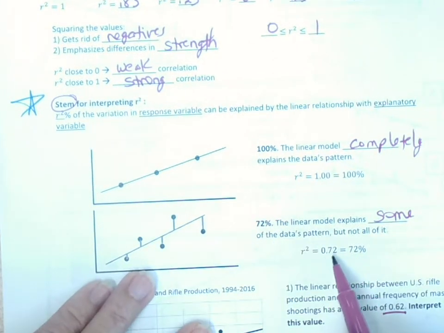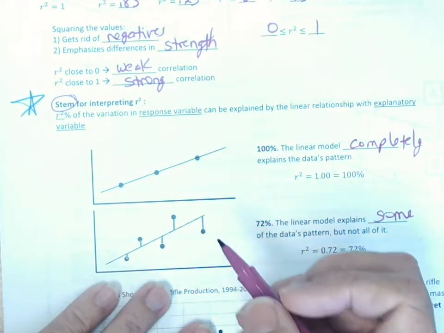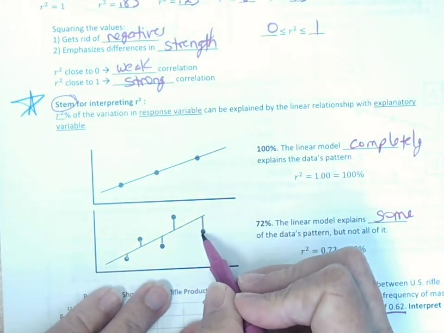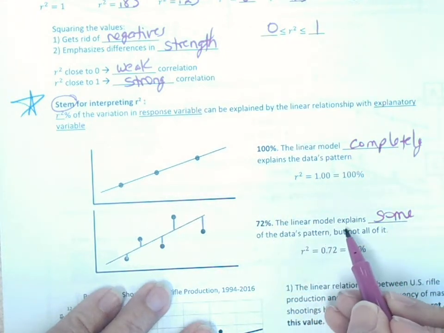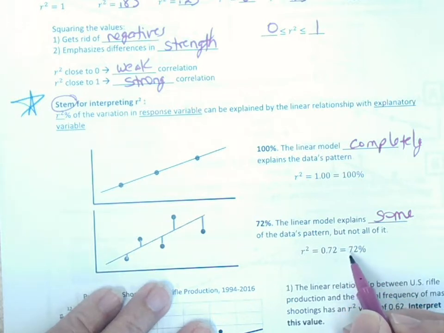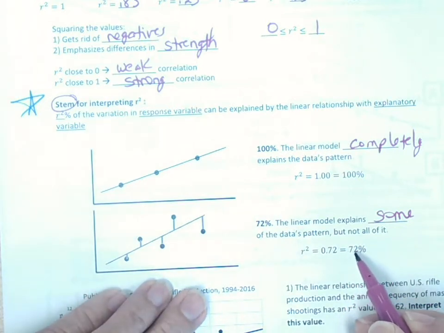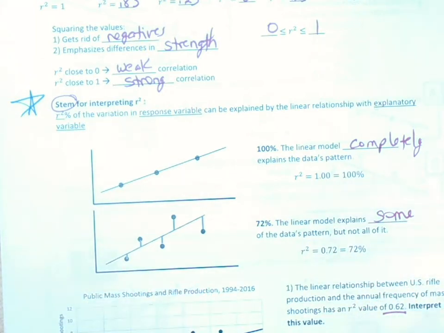If we have an R squared value of 0.72, it means that some of the variation in what we get for Y based on your X can be explained by the linear model, but not all of it. 72% can be explained by the model, which means that 28% of the variation cannot be explained by the model. There's something else causing it.